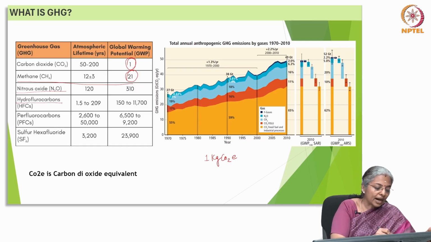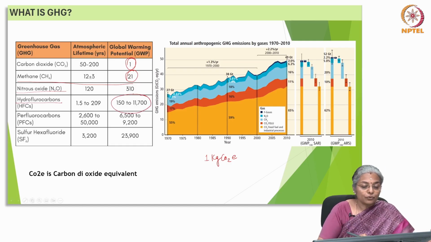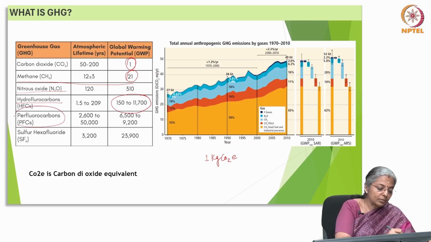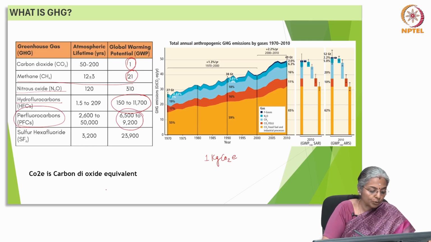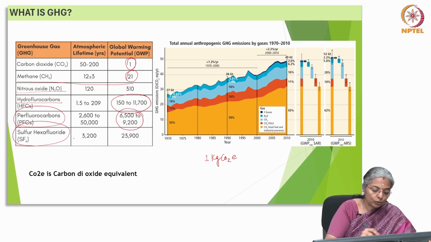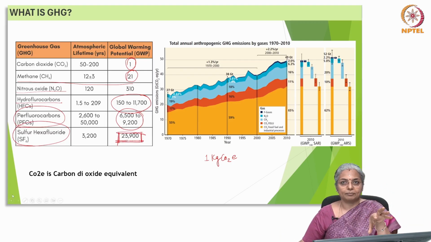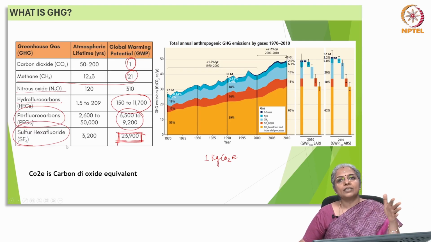For example, hydrofluorocarbons have a global warming potential ranging from 150 to 11,700 carbon dioxide equivalent, whereas perfluorocarbons have a GWP of 6,500 to 9,200, whereas sulfur hexafluoride has a global warming potential which is so high, 23,900 is its figure. Now, all these will be slightly plus or minus here and there based on the standard with which these are measured.